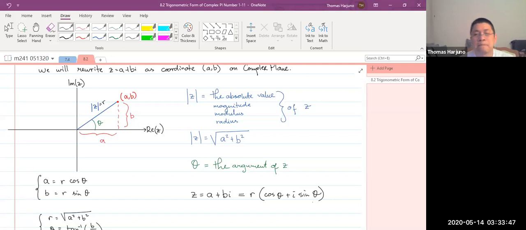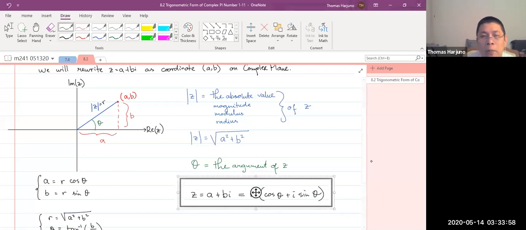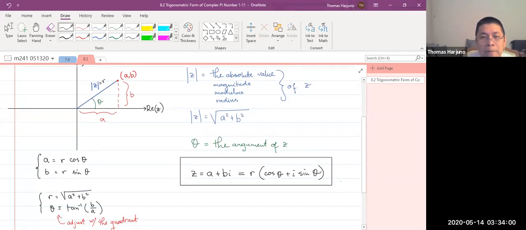So what I gave you here is actually the trigonometric form of a complex number. That's what we will learn a lot in this section. Not too much, but very crucial.